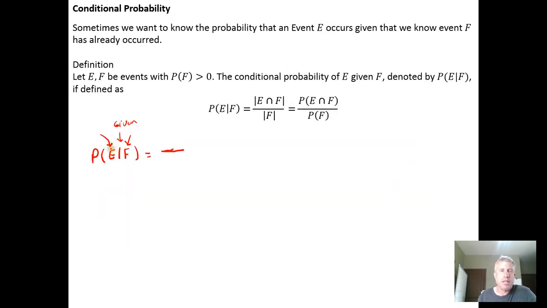So to calculate the probability of E, given that F has happened, the size of F becomes the denominator. It is the new sample space.